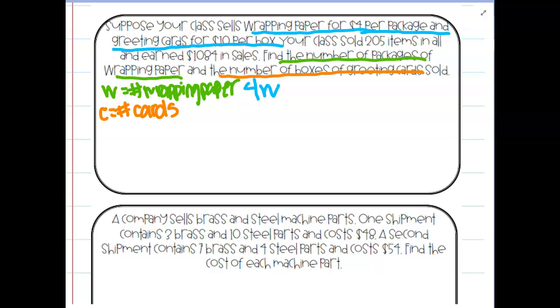When I take $4 times W, $4 times the number of wrapping paper boxes I sold, if I sell 10, I would take 4 times 10 and I'd get 40. If W is 20, 4 times 20 would give me 80. When I take 4 times W, what does that tell me?